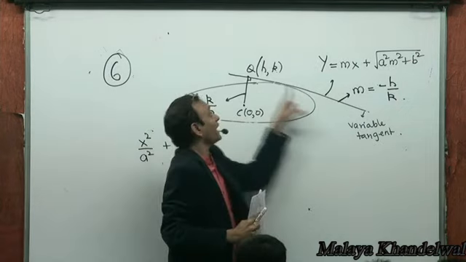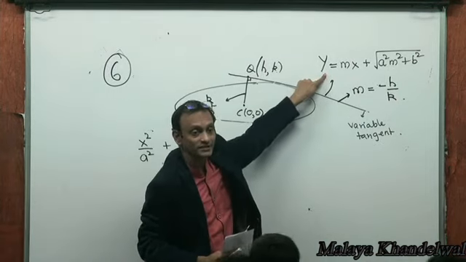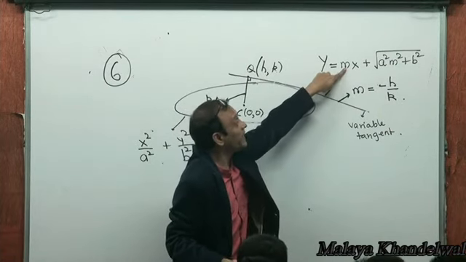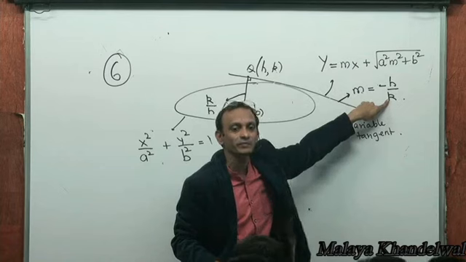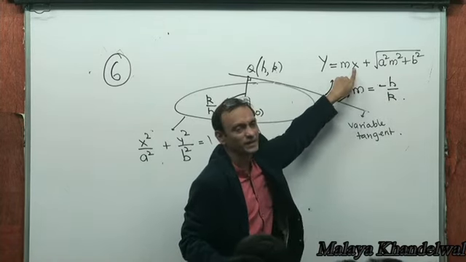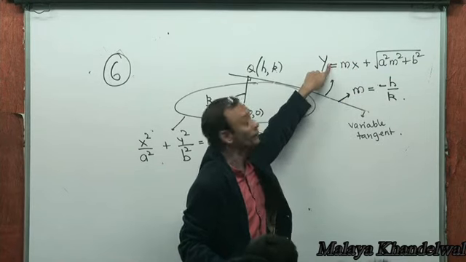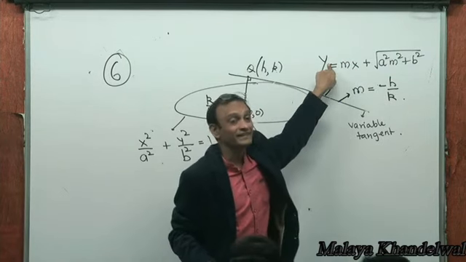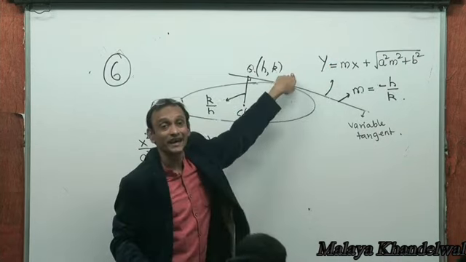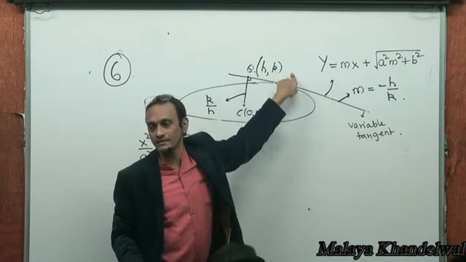Now, for any given tangent, (h, k) must lie on the tangent, and m must be minus h by k. So this m can be replaced by minus h by k, x can be replaced by h, and y by k. That way we would have eliminated m and connected h and k, and we would be ready to generalize.